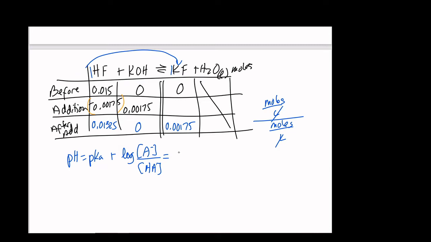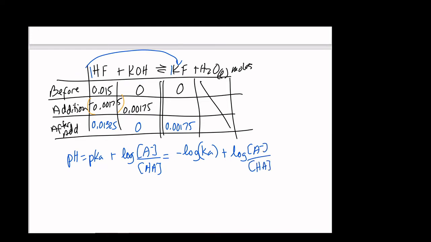So the pH is equal to the negative log of the Ka, plus the log of A minus over HA. I'm going to go ahead and erase this up here because it's in the way. So let's go ahead and put that in.